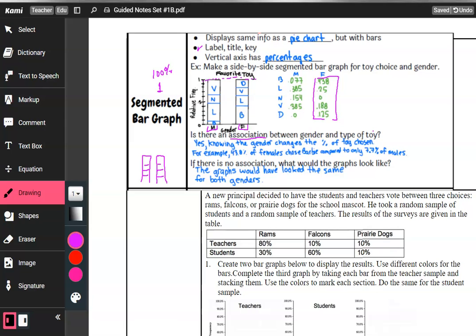Knowing the student's gender would play no role in knowing the toy choice. So if the pictures or segmented bar graphs are similar, then no association.